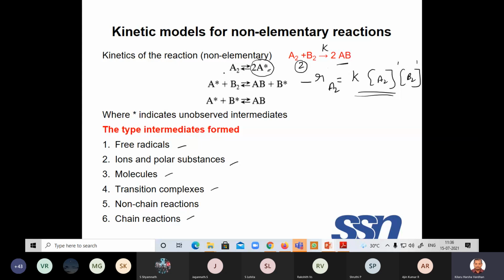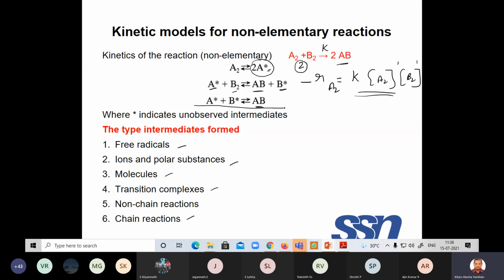In that chain reaction, A2 is forming some intermediate A star. That A star intermediate is highly unstable. It reacts with another molecule, B2, to give some AB and another intermediate, B star. Again, there are two A stars here. One A star is forming this, and another A star plus one more component gives you AB.